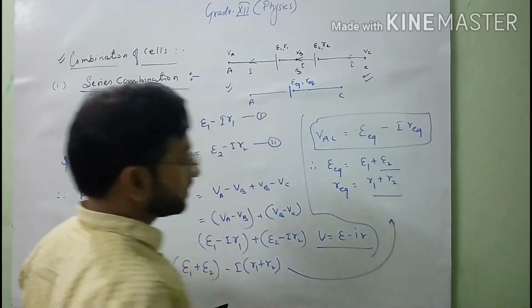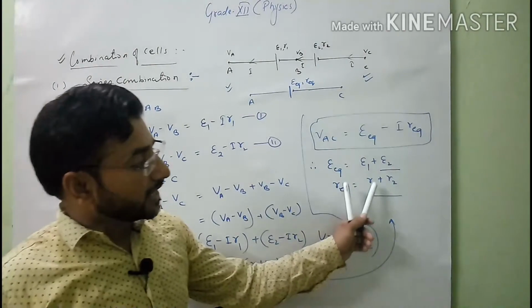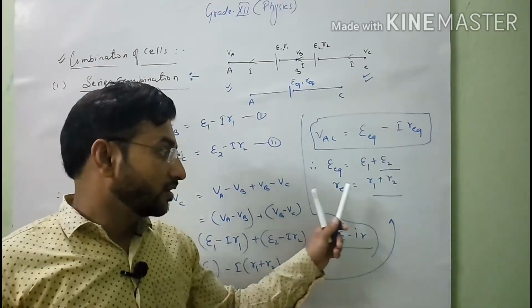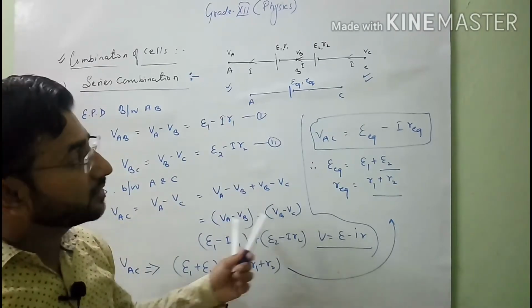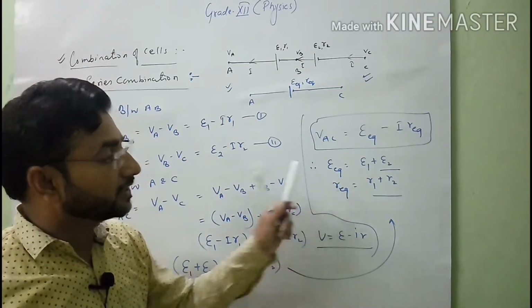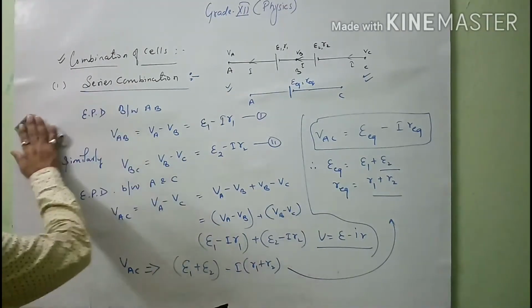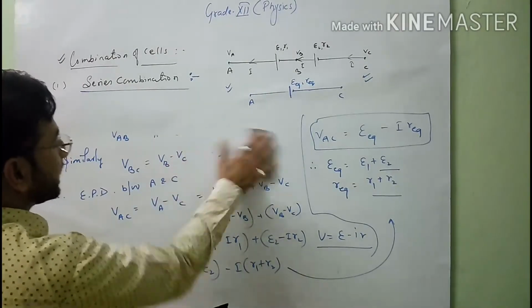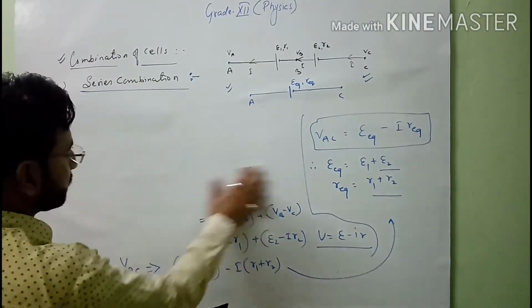Remember these two points. Now, if suppose we have n cells, what is the value of equivalent EMF and equivalent internal resistance? For that, suppose I have n cells all connected with each other in series.